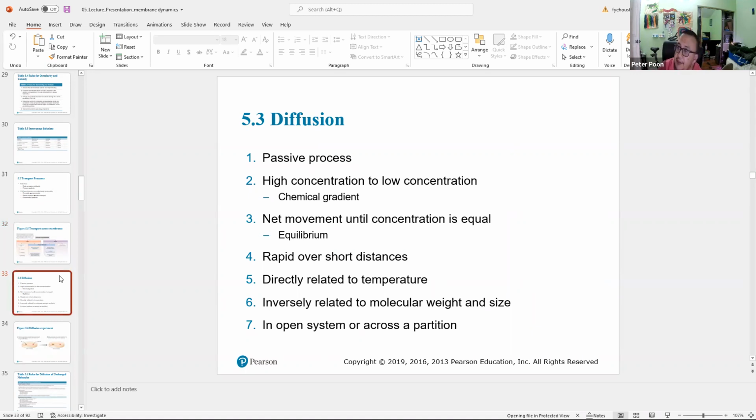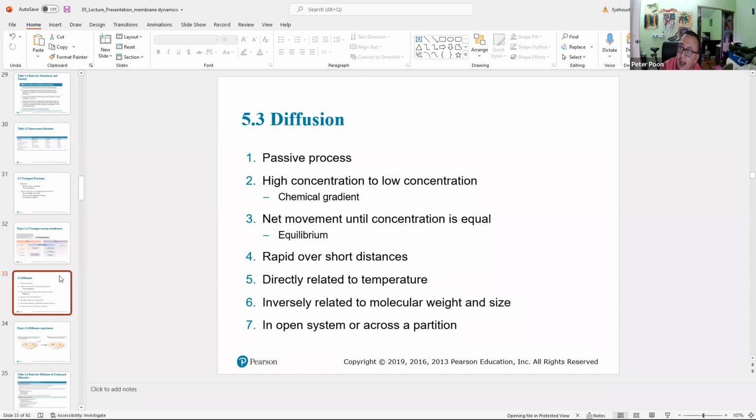Diffusion is a very passive process. It always goes down the concentration gradient, down the chemical gradient, from high concentration to low concentration. The net movement continues until the concentration is equal, which is equilibrium. It is very rapid over short distances, but as you increase distance, you dramatically decrease the rate.